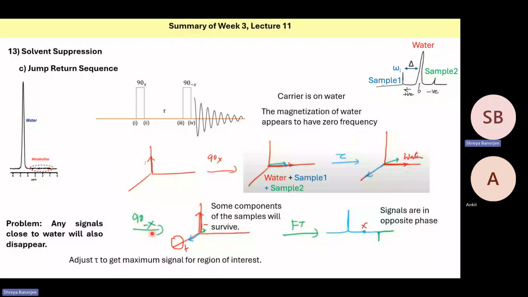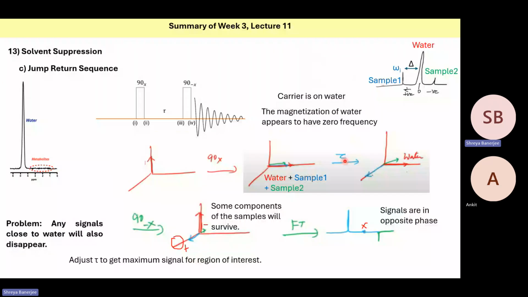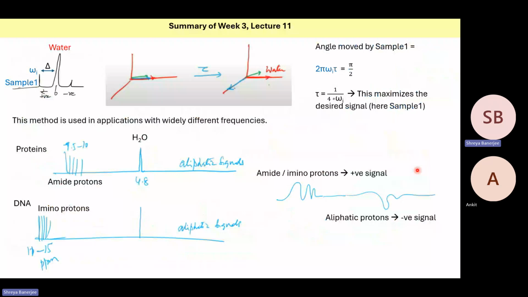Here I'm continuing with the jump return sequence. So this portion shown here is basically this portion. After the 90x pulse, you're giving time tau for sample 1 and sample 2 magnetizations to precess in the transverse plane. So what is the ideal tau that should be given?